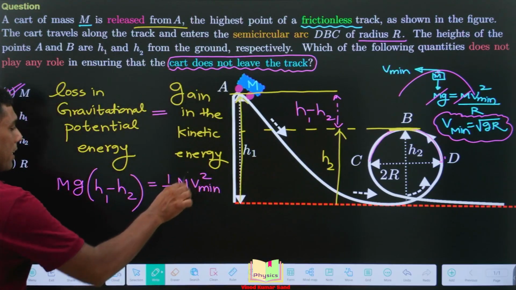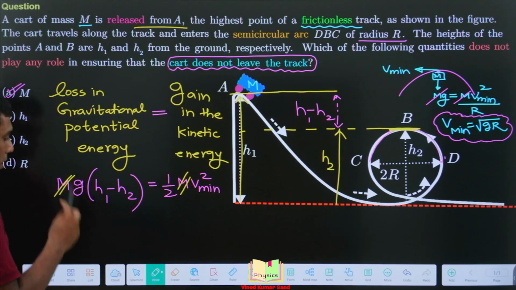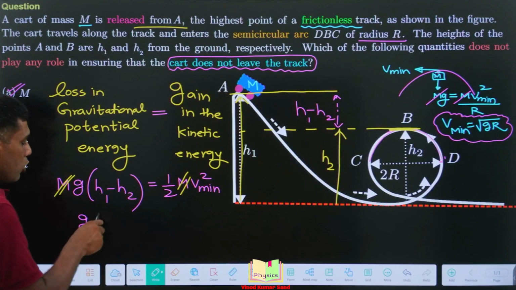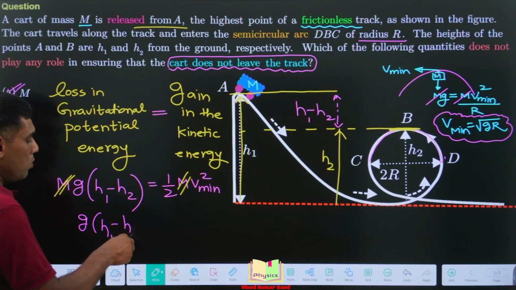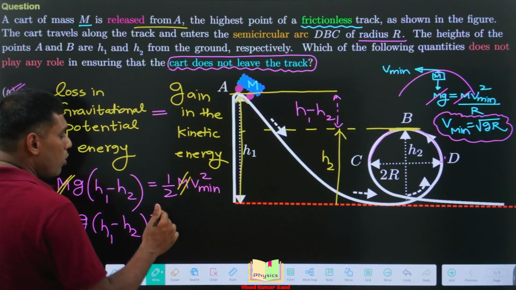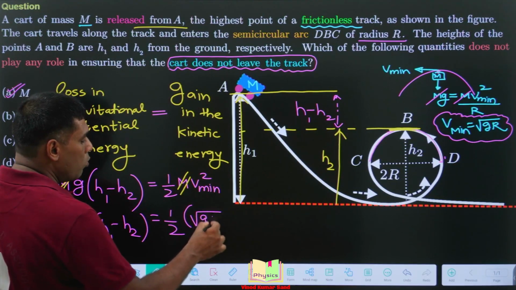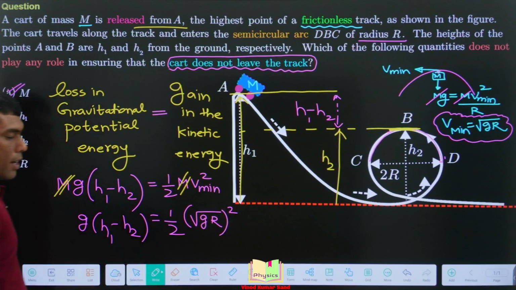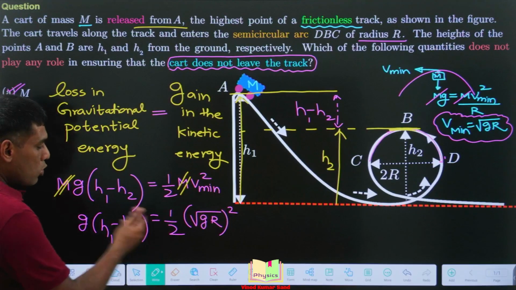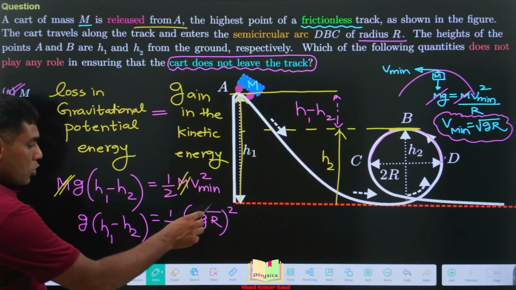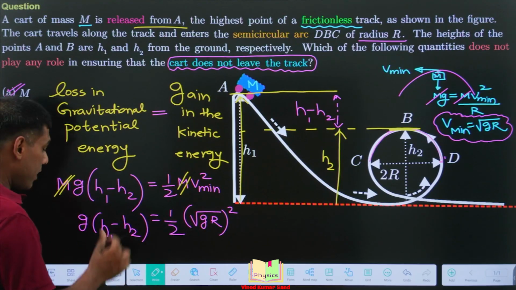So putting up the data and cancelling that m here, we have g(h1 minus h2) is equal to 1 by 2 v minimum square. V minimum was root gr. Agree with this? Now this 2 we can shift there, the g here and g there will get cancelled out.